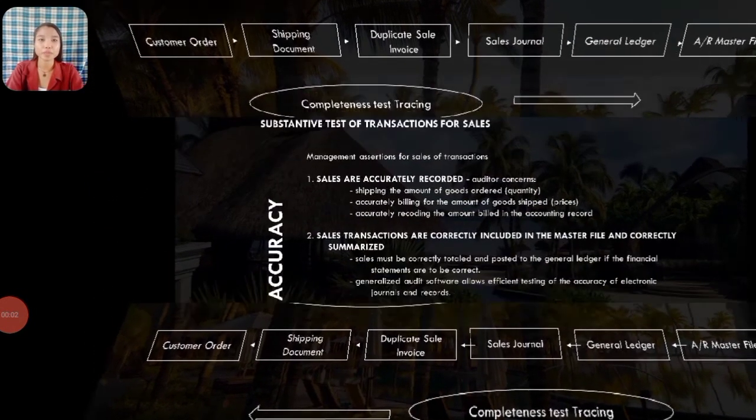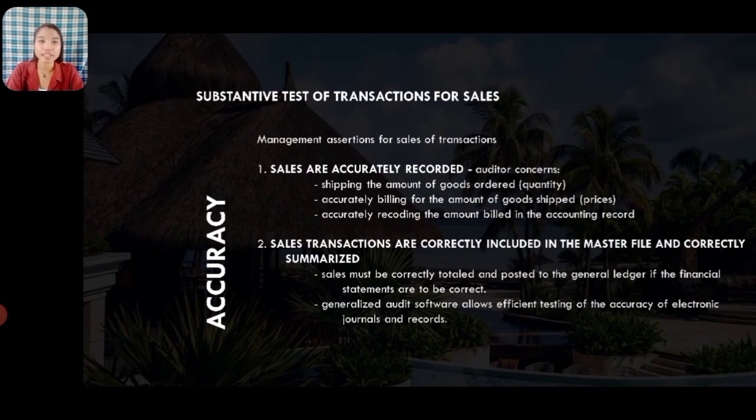So the process of comparing the transactions must be followed like this. Moving forward, when we say accuracy, the number one requirement is that sales are accurately recorded. So it is the auditor's concern to record the sales accurately. The first one is shipping the amount of goods ordered. So we must make sure that the quantity is exact from the orders.